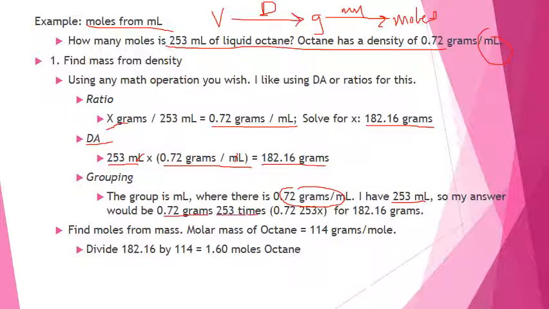So I'm going to do 0.72 grams times 253, and that equals 182.16 grams. Anyway, it gives you the same answer. This one to me is conceptually right, but I probably would do the other two because they're quicker.